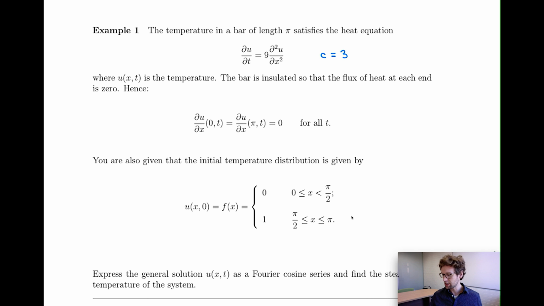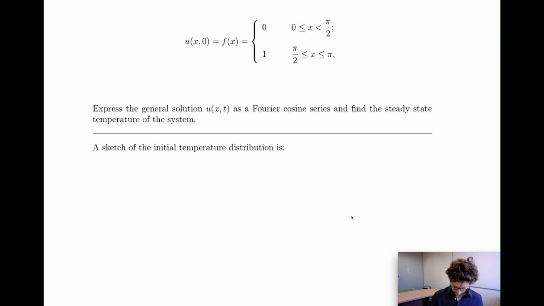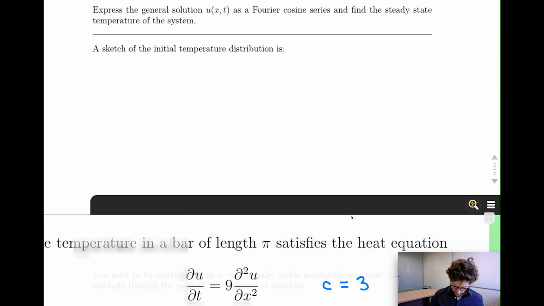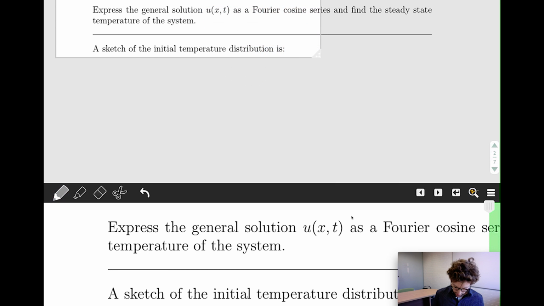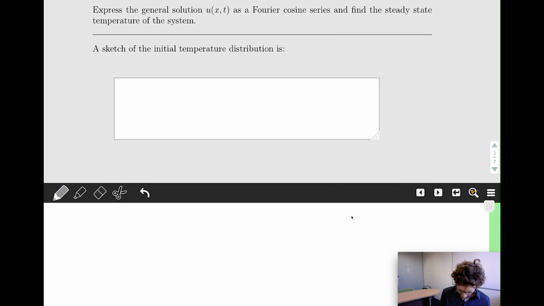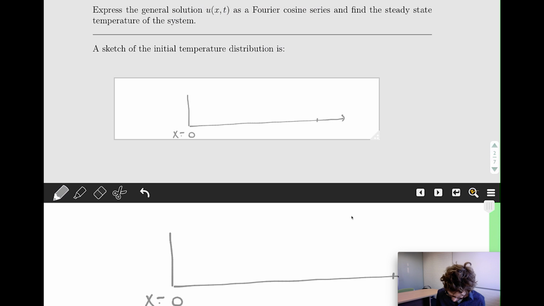So let's quickly sketch what our setup looks like. Our metal bar is located between a point x is equal to 0 and x is equal to pi.